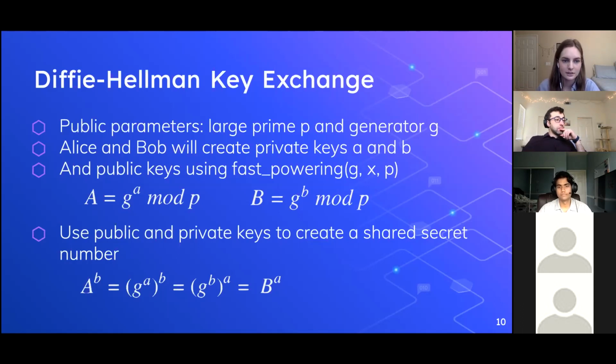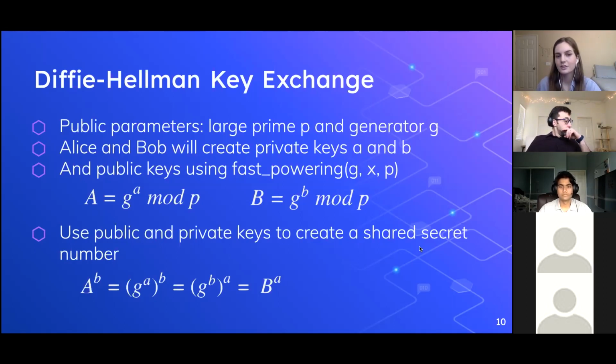And so she's going to come out with A, which this capital A is what she's going to give out to the world. She's going to publish this capital A. This is her public key that people can use to share information with her. And Bob is going to do the same thing using obviously his private key to make that computation.